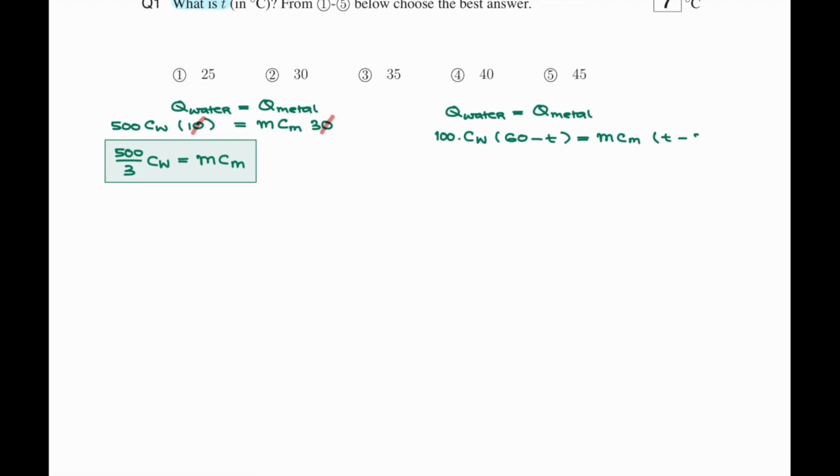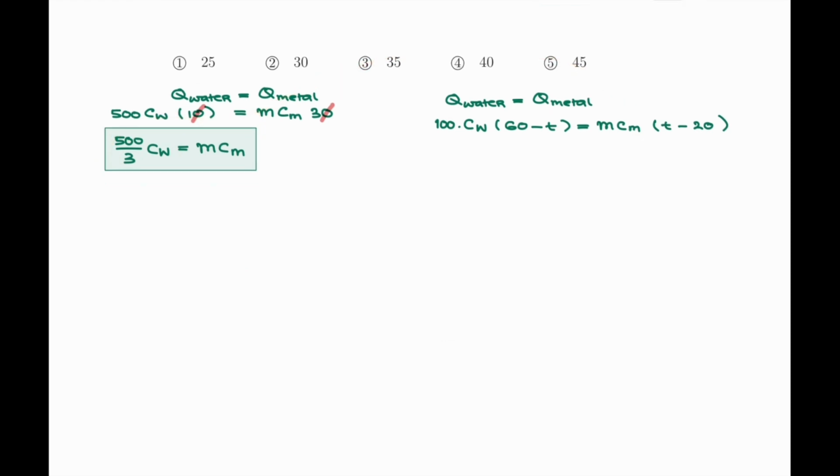T minus 20. And then mcm here, I can substitute into 500 over 3 specific heat capacity of water. So substitute this box into mcm, then I will get 100 Cw 60 minus T is equal to 500 over 3 Cw T minus 20.